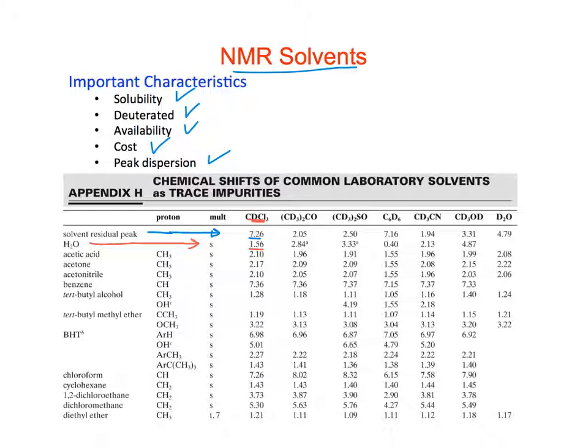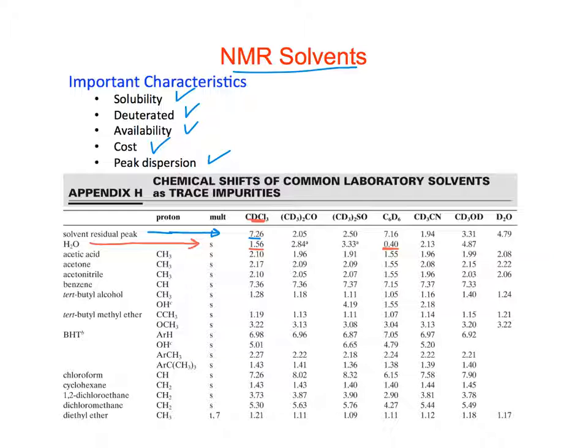But if you wanted to move that out of the way, and you wanted another non-polar solvent, what we used to do is oftentimes go to benzene. The residual solvent peak is pretty close, 7.16, but notice that the water peak is moved all the way to 0.4 parts per million. So now the water is out of the way, and it's not going to overlap with hardly any other signals.